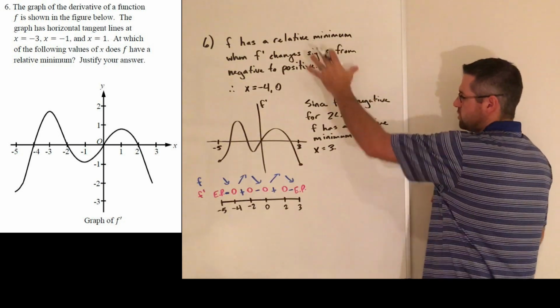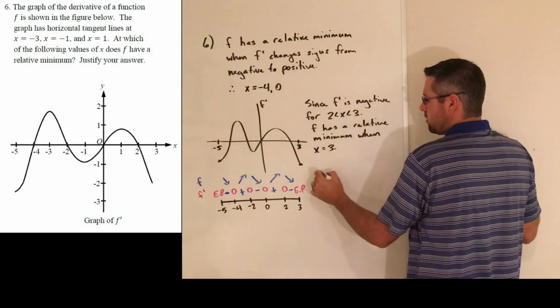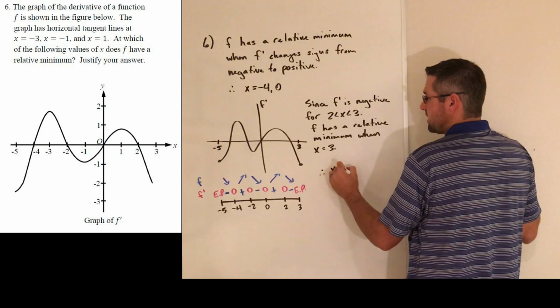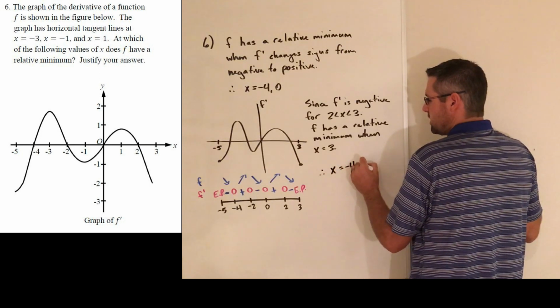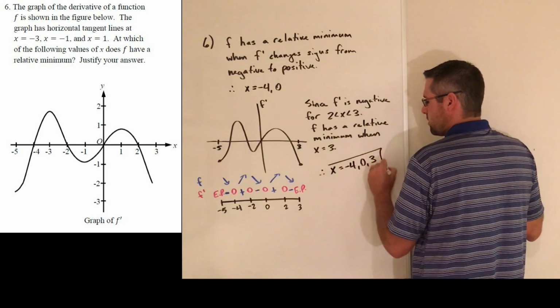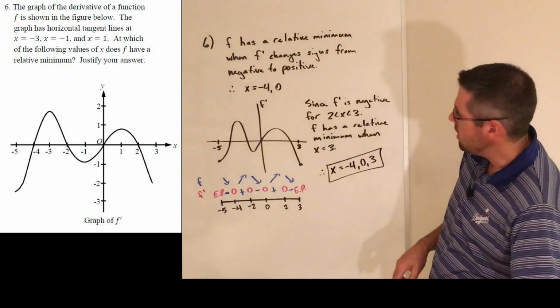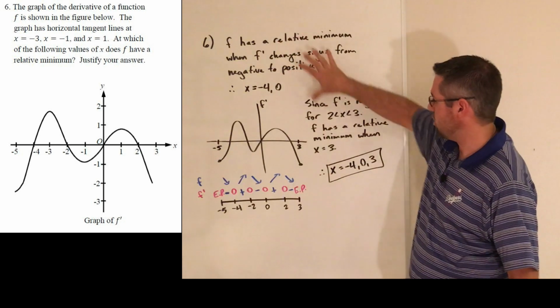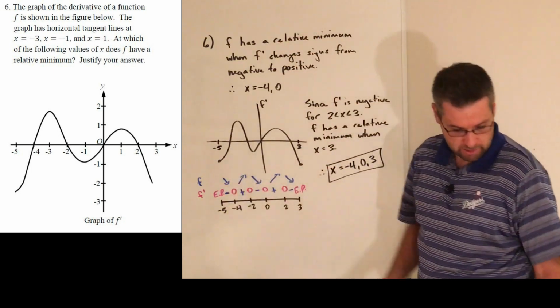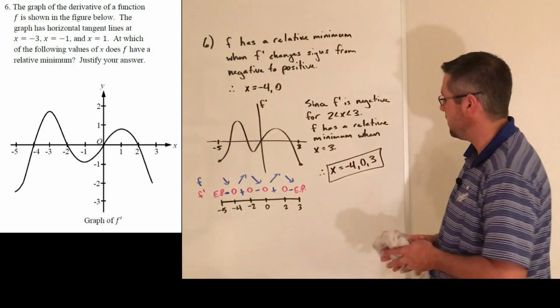So there's our two sets of answers. So in conclusion, we'd say we have a relative minimum at x equals -4, at 0, and at 3. So again, everything we do needs to have proper justification on it. And these are our justifications, not the number line. So that's a look at number 6.